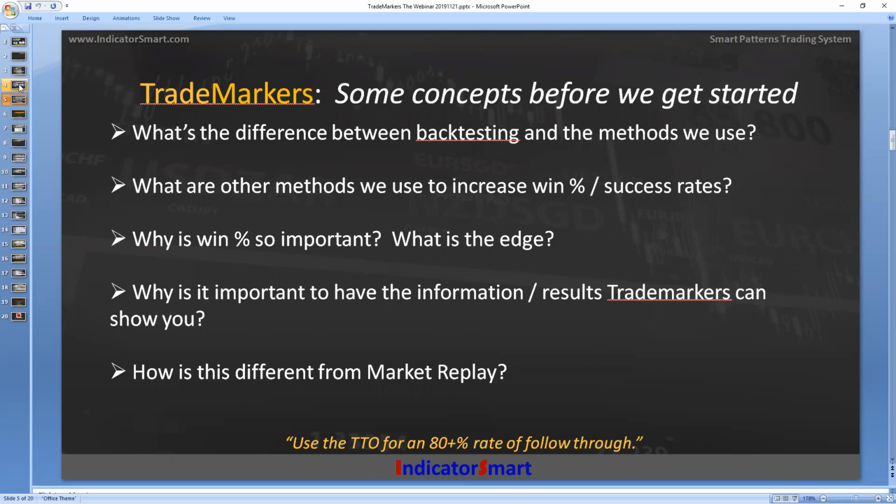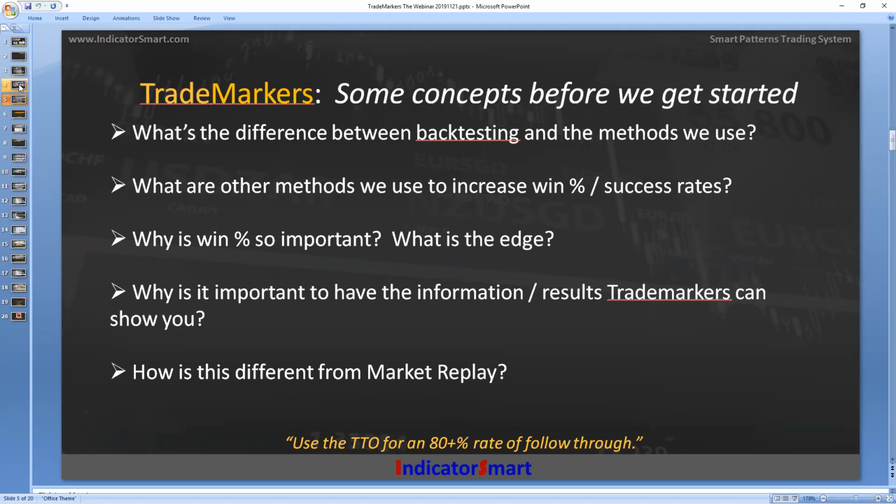A lot of traders use, in NinjaTrader for example, market replay. Market replay will move the chart along for you and have you take a look at the chart as it unfolds, but you're playing it back historically. That tool has its purposes, but that's a very slow way to go.